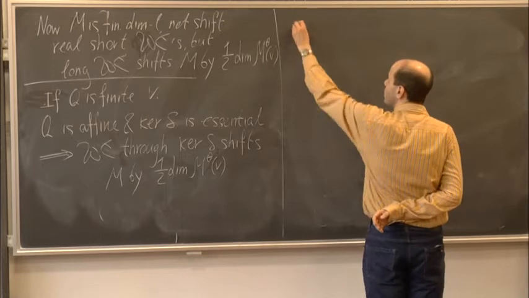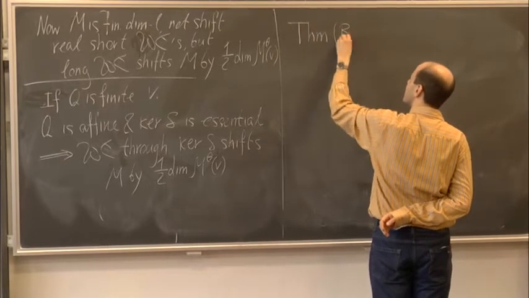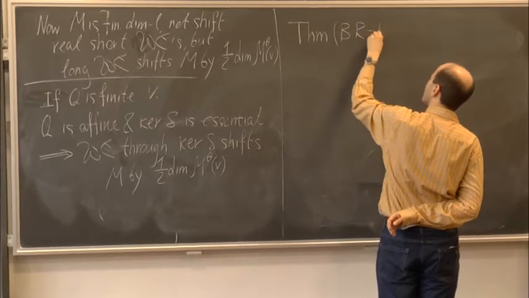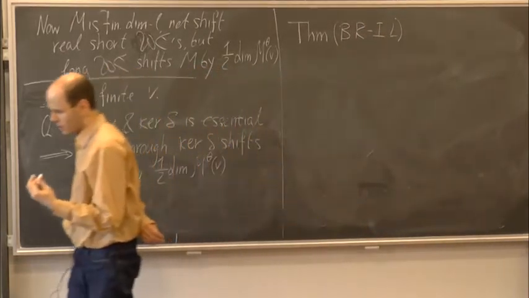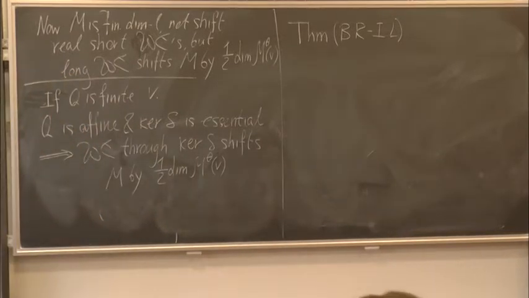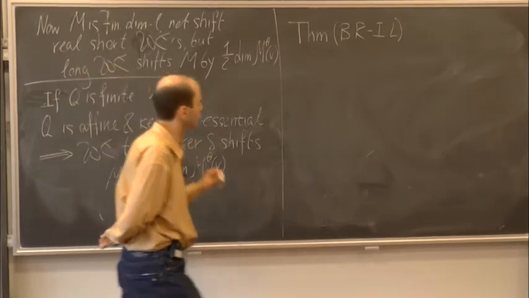And here is a theorem that this short wall crossing functor just cannot have this homological shift. So all homological shifts by this functor are less than half of the dimension, strictly less.